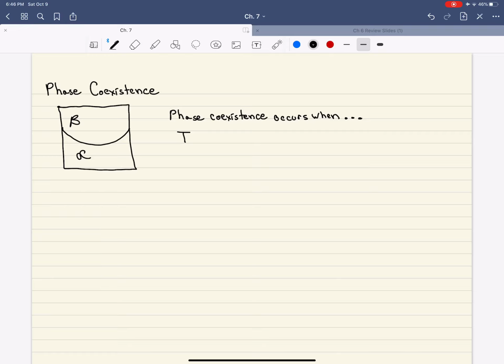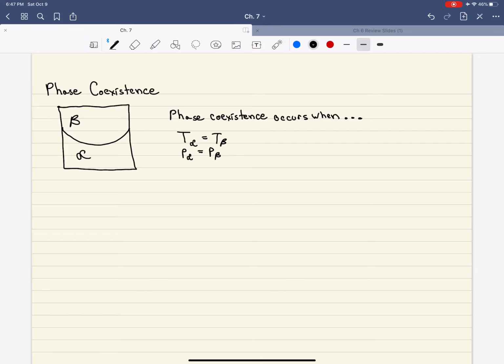First, the temperature in both phases is the same, so T alpha is equal to T beta, which just means the temperature of the entire system is the same. Then, by minimizing the Helmholtz energy with respect to volume, we found that the pressures also need to be the same: P alpha needs to be equal to P beta.